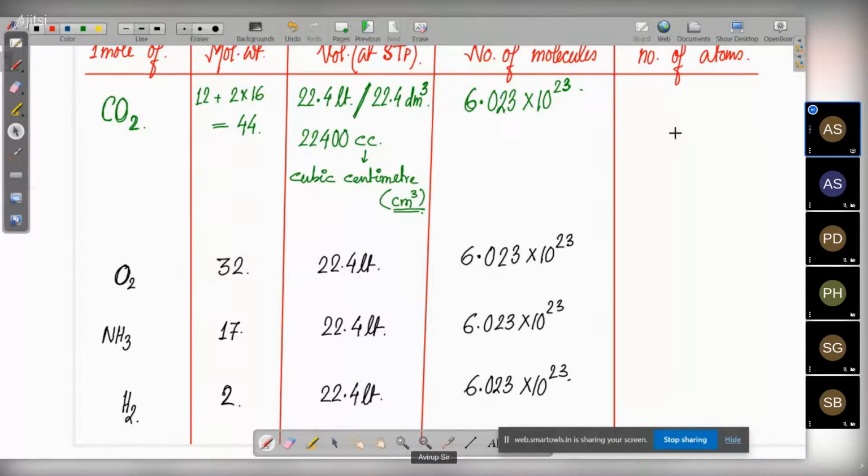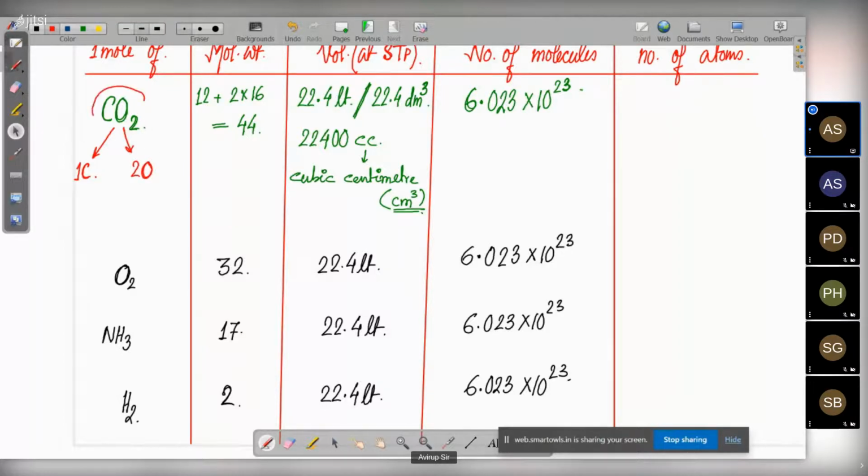Now let us see the next topic, number of atoms. Now tell me, in one molecule of carbon dioxide, CO2, how many carbon can you see? Only one carbon is present. How many oxygen can you see? Two oxygen.